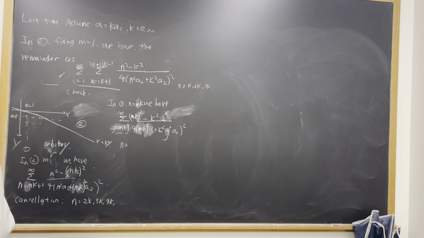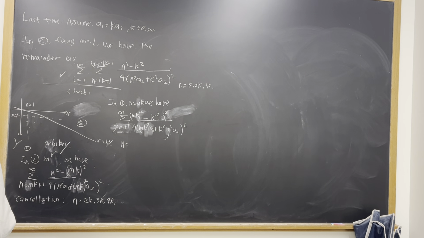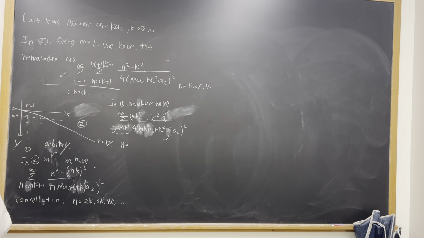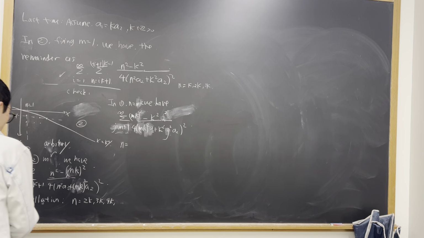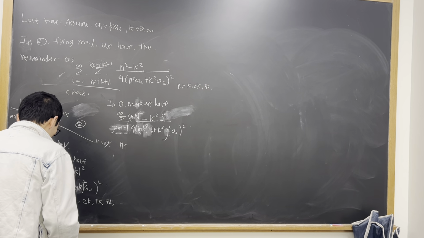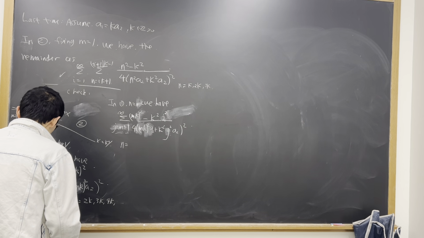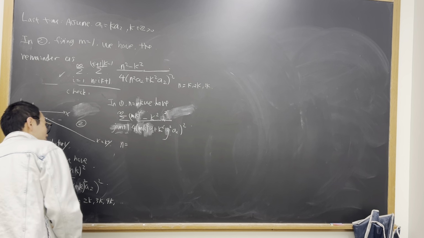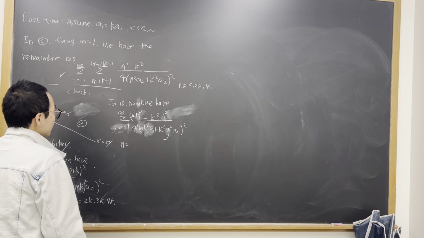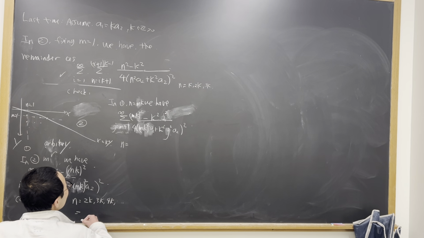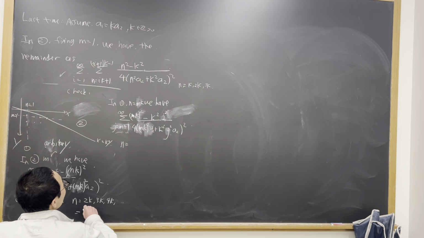So the cancellation happens at exactly m plus 1 k, I think. Yeah, I think that should be the same. So why am I in doubt?